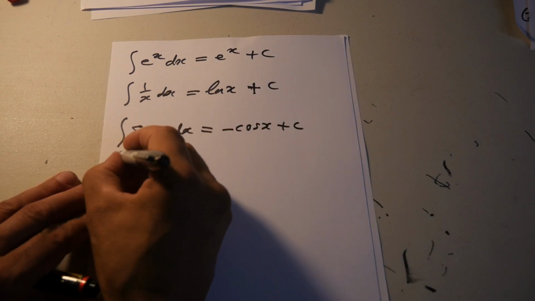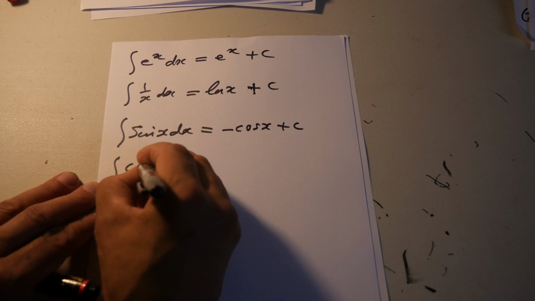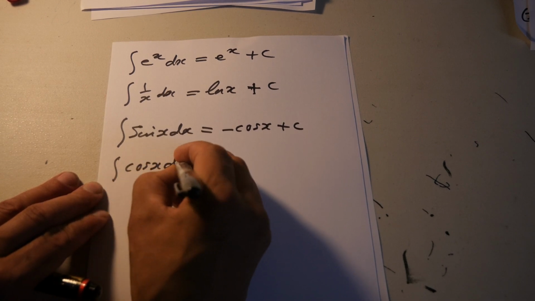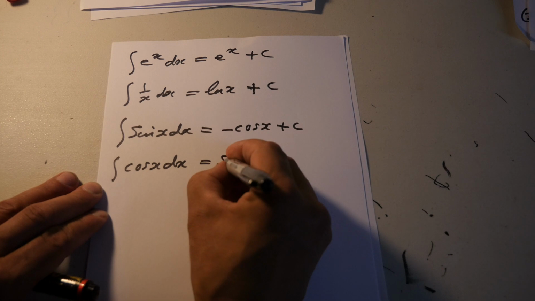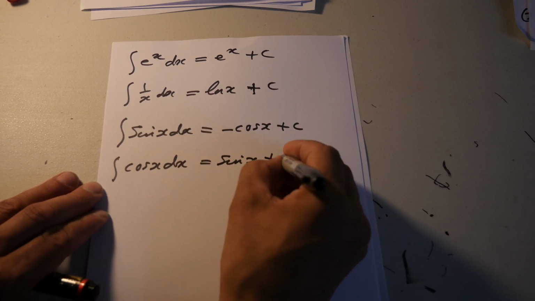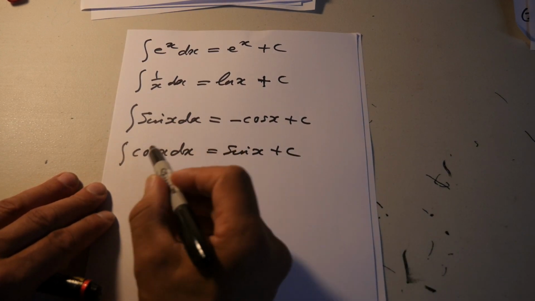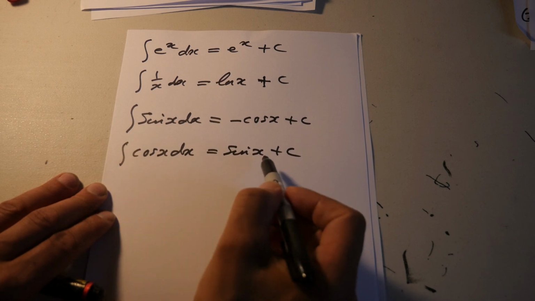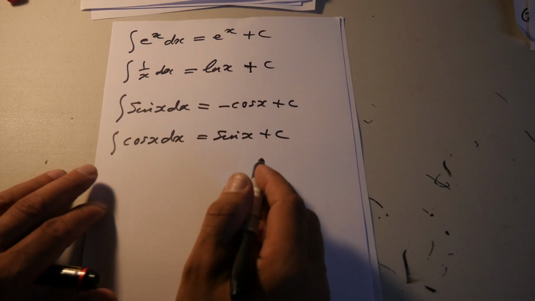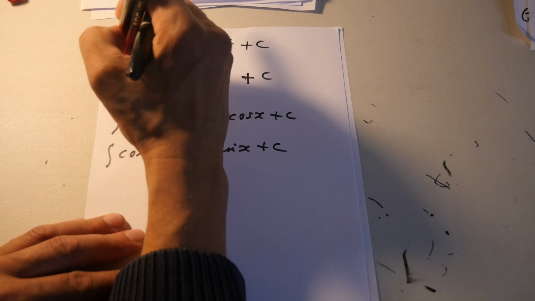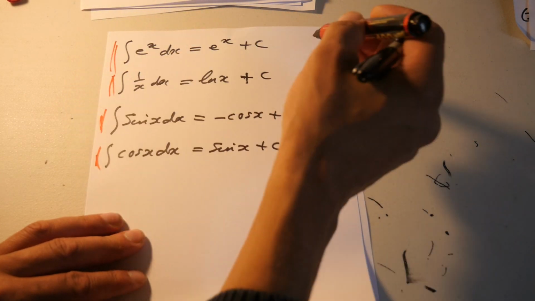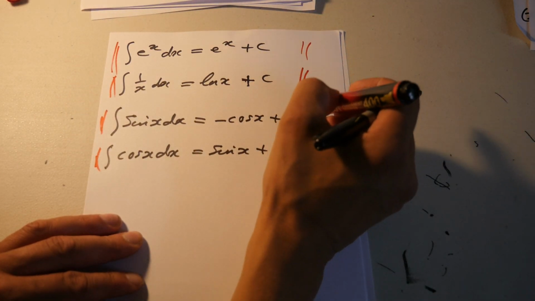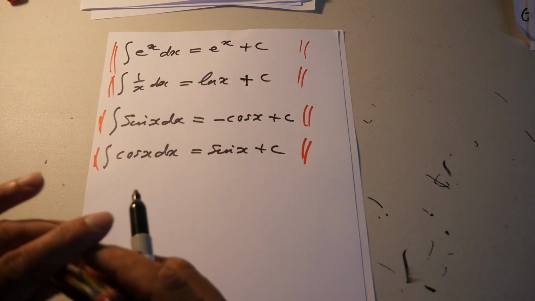And the integral of cos x dx equals sine x plus c. The derivative of sine is cos, so the integral of cos is sine plus c, okay? So these are formulas to note, okay?